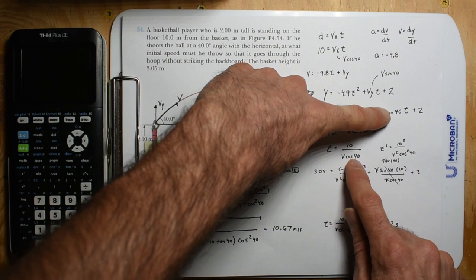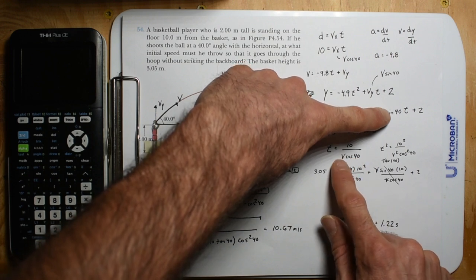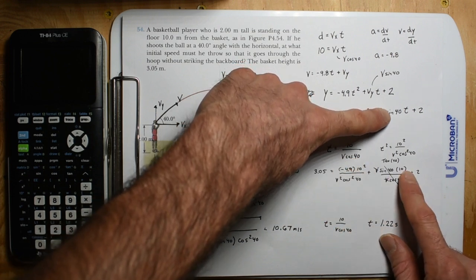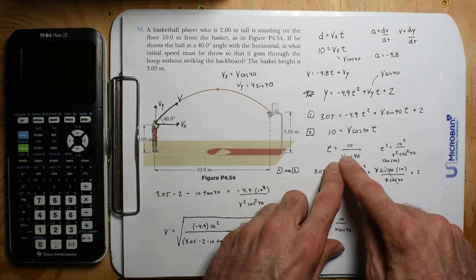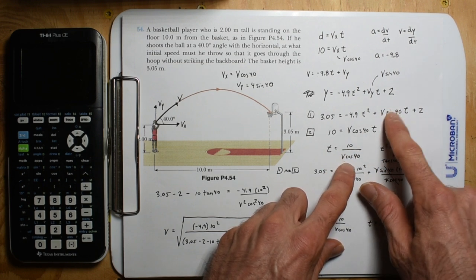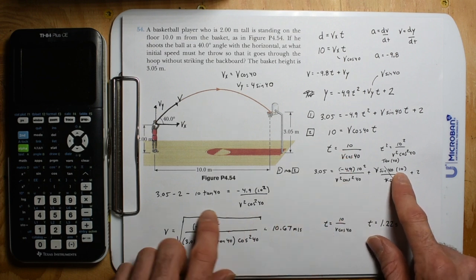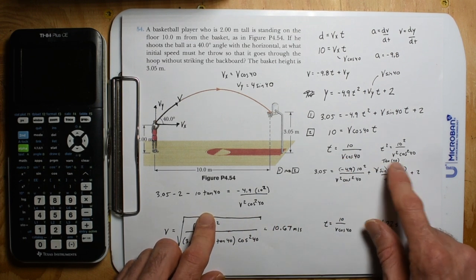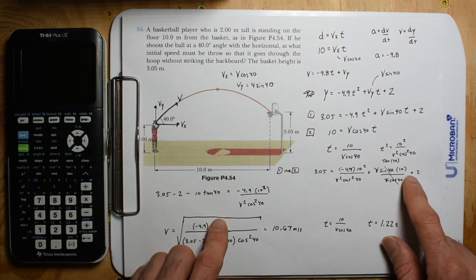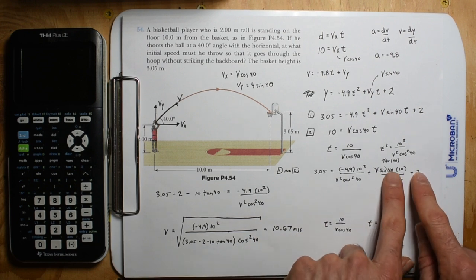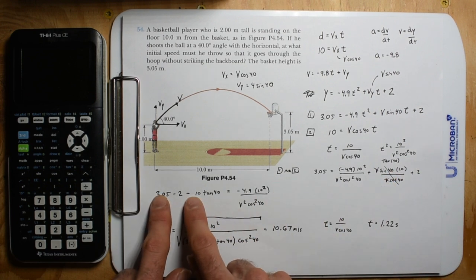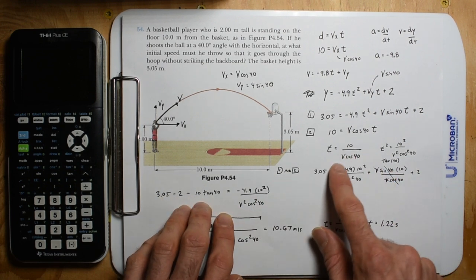Well, t is divided by cosine 40, divided by v, and multiplied by 10, so v divided by v cancels. We have sine 40 divided by cosine 40, which turns into tangent 40, multiplied by 10. So at the end of the day, this is 10 tan 40, plus 2. These are constants, so we get them over there, and now we have it equal to this.